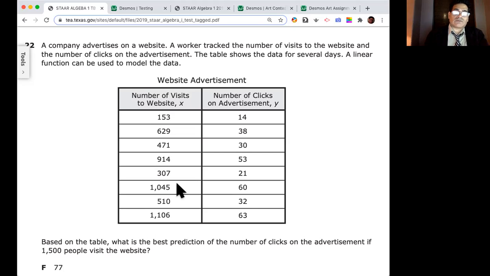Change in Y over the change in X. I'm being kind of silly and careless here because there's no guessing with this table. It tells you number of visits to the website is X, number of clicks is Y. So there's no disputing that. So try to be careful in reading these.